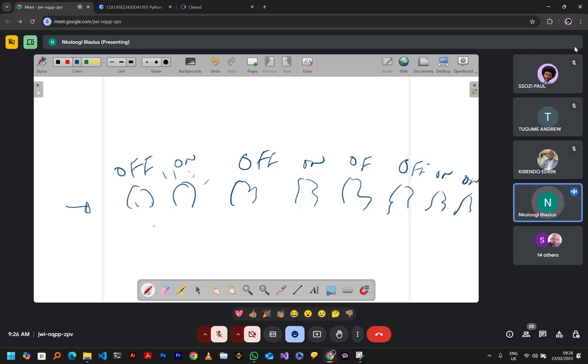So the idea is that you already know that off means 0. So the binary representation here would be a 0, this is a 1, a 0, a 1, a 0, a 0, a 1, a 1.